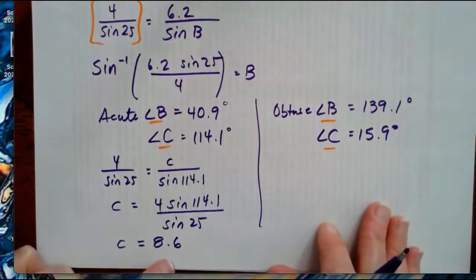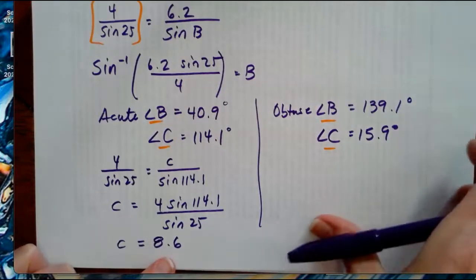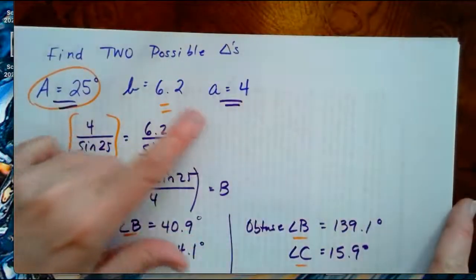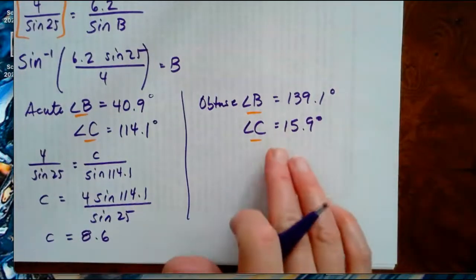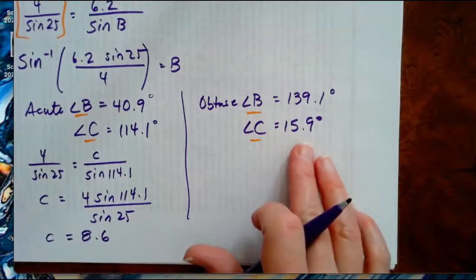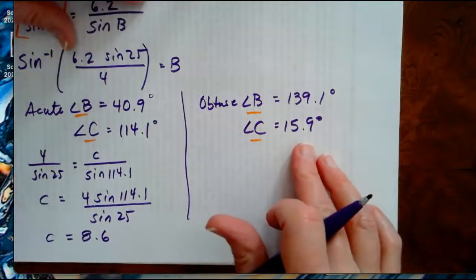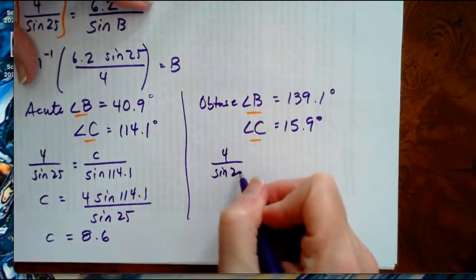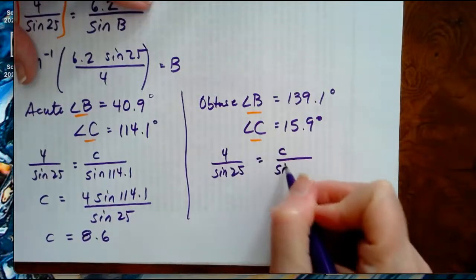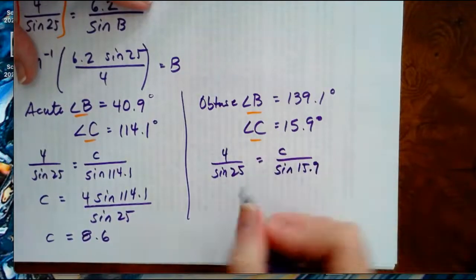And check it out. So if little c is 8.6, 8.6 needs to be bigger than little a and little b, and that is true. So let's go to the other side over here where angle C is 15.9, so that's going to be a very, very small little c. So 4 over sine 25 equals c over sine of 15.9.